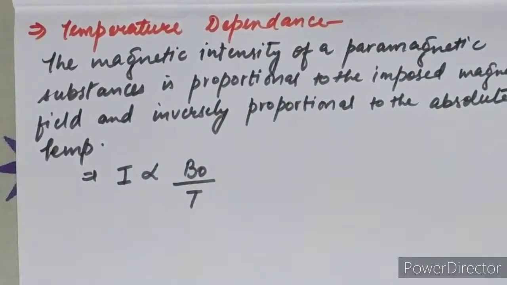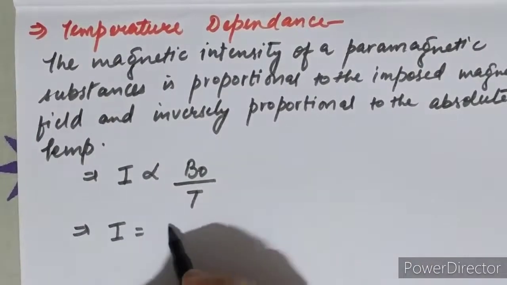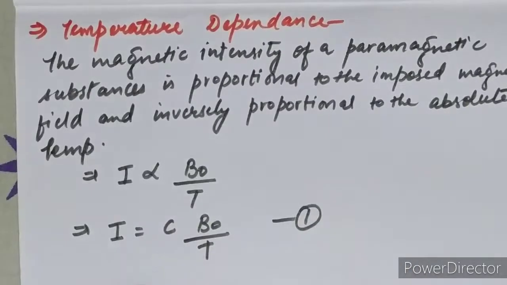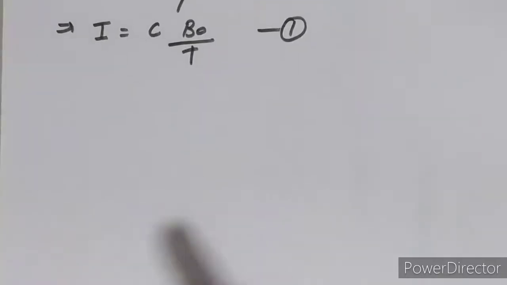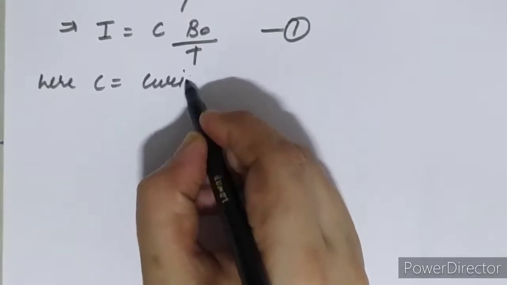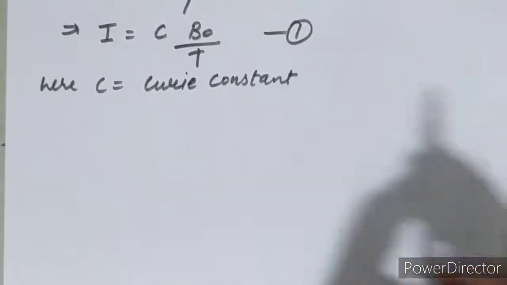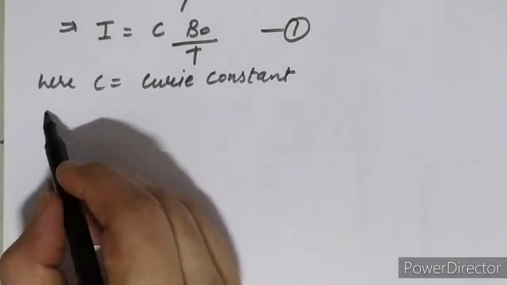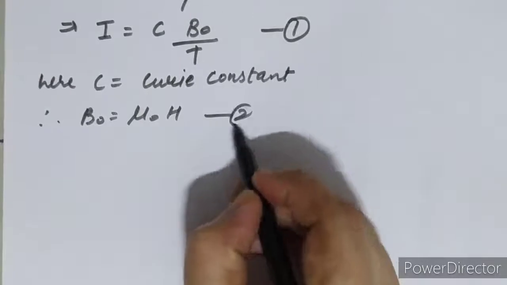Now when we remove the proportionality sign and put equals to, C comes in, equation number 1, and here C is your Curie constant. And we know that B naught is equal to mu naught H, equation number 2.